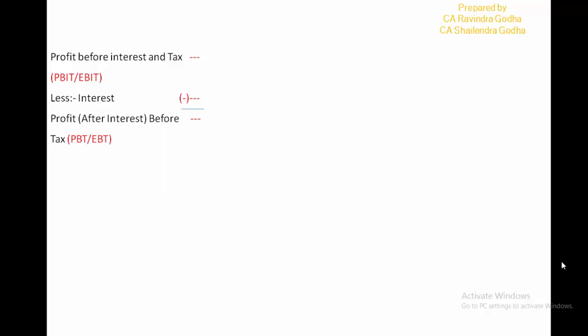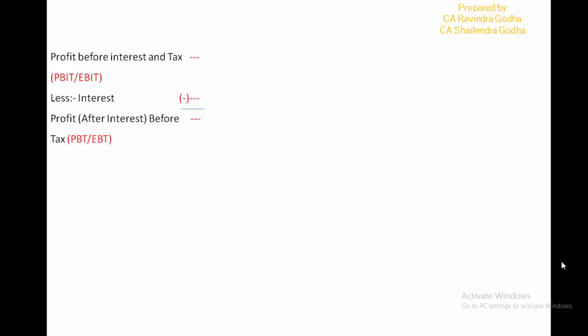It is never written in the question that this profit is after interest. It is always written profit before tax. So you understand that interest is already deducted, because profit before tax is the next step after deducting interest.